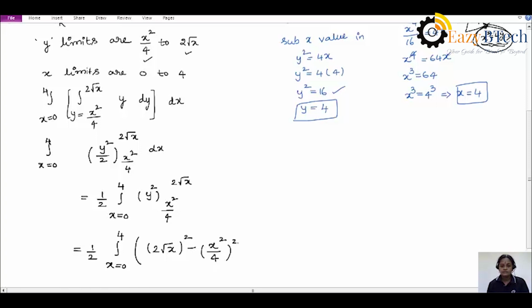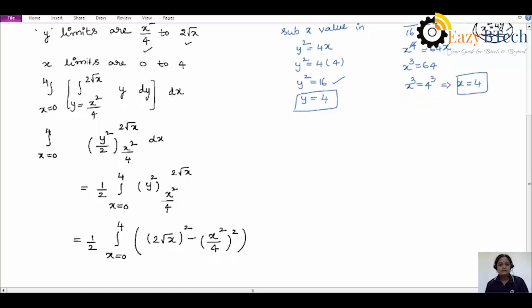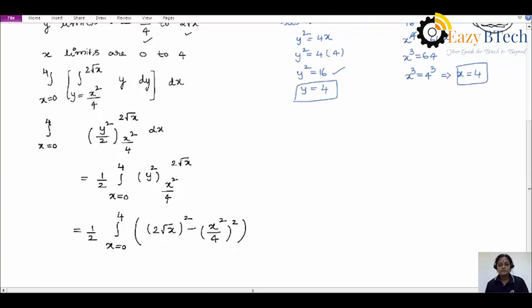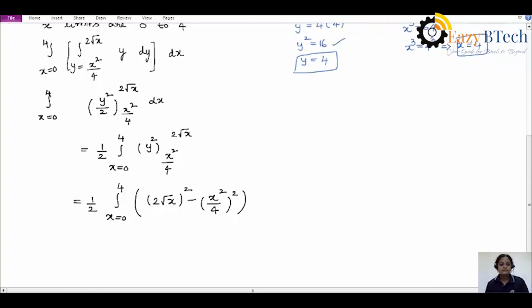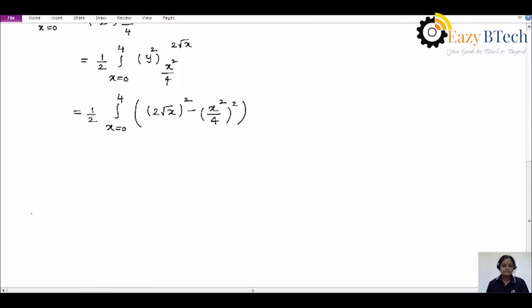We are substituting limits only for y, students. Then y square becomes the value of 2 root x whole square here. Now doing the simplification, it is equal to 1 by 2 integral x is equal to 0 to 4. 2 square is 4, and root and x will be cancelled. x minus x power 4 by 16, into dx.